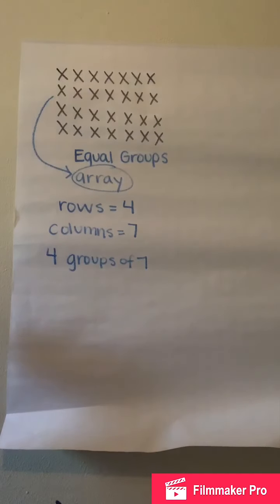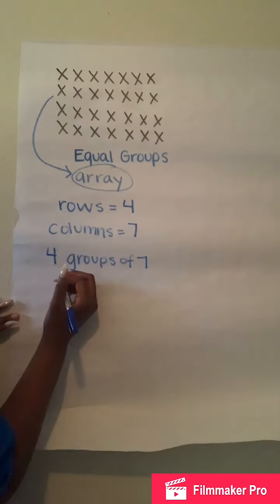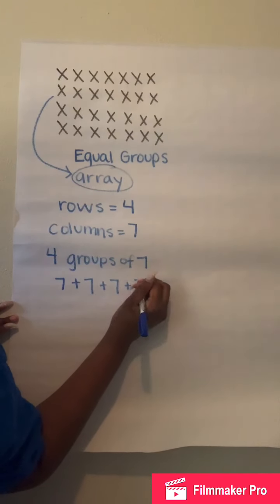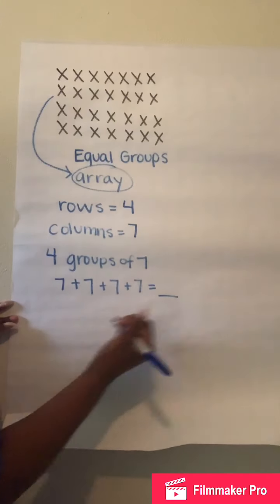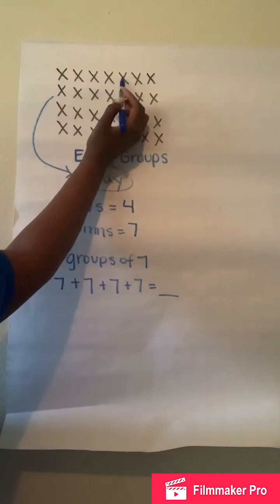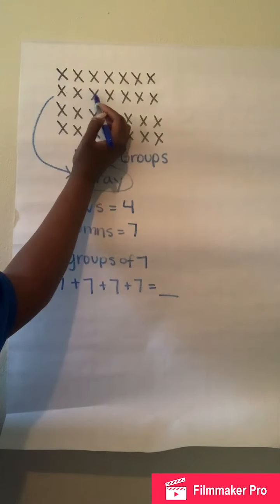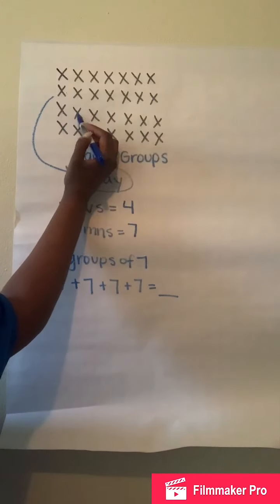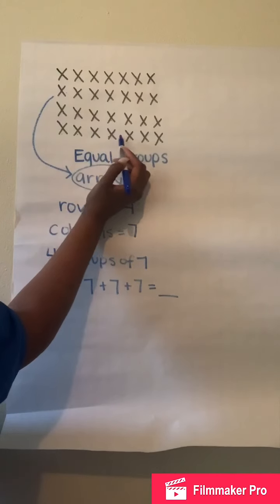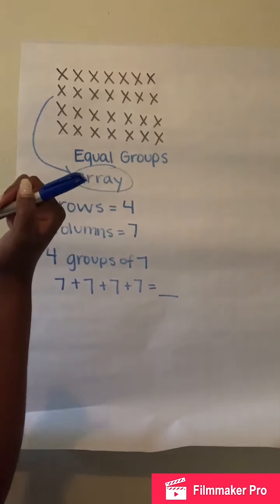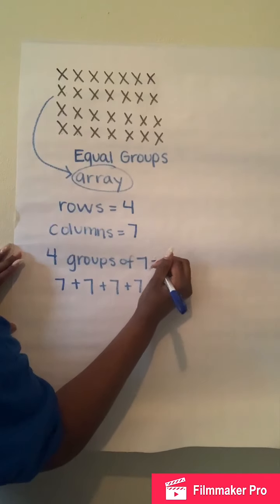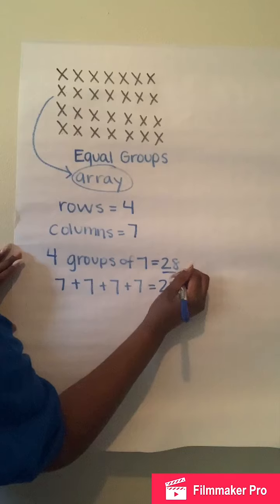And when I have 4 groups of 7, my equation is 7 plus 7 plus 7 plus 7 equals blank. So let's count it. 1, 2, 3, 4, 5, 6, 7, 8, 9, 10, 11, 12, 13, 14, 15, 16, 17, 18, 19, 20, 21, 22, 23, 24, 25, 26, 27, 28. So 4 groups of 7 equals 28.